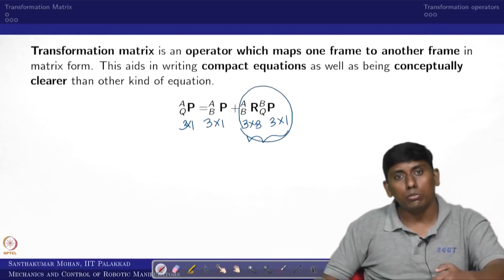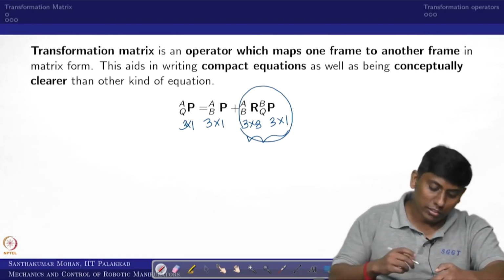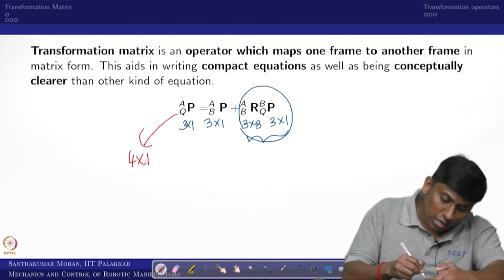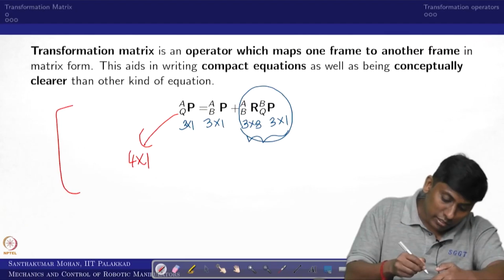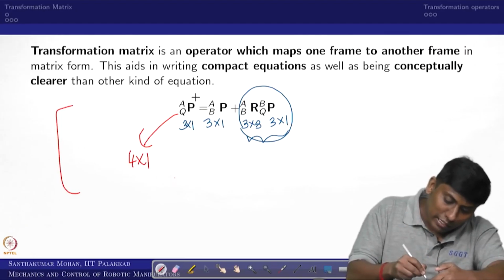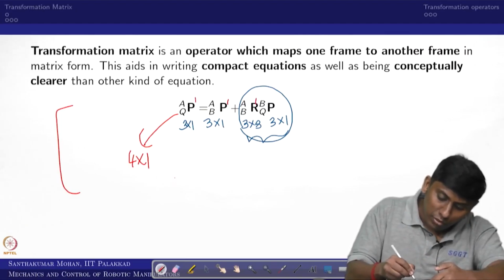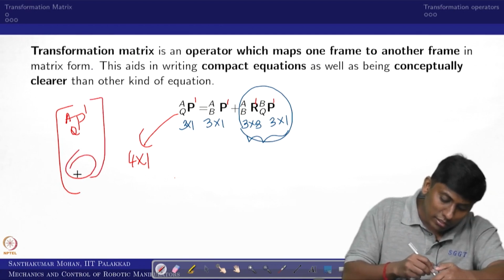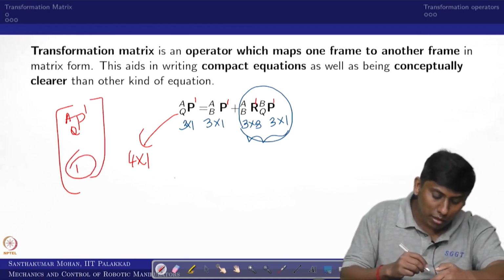So what I can do is increase the dimension. If I write this as 4 cross 1, where this I keep as A dash, in the sense PQ A dash, one additional dimension is coming.